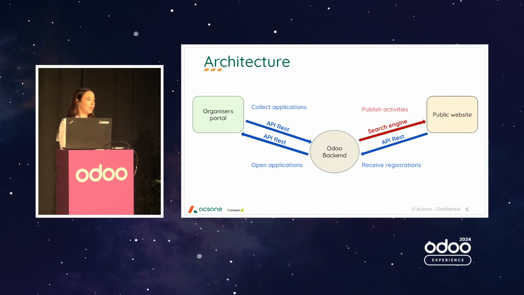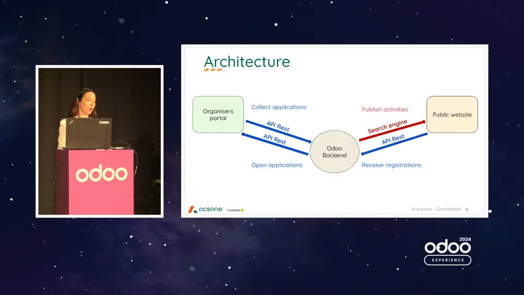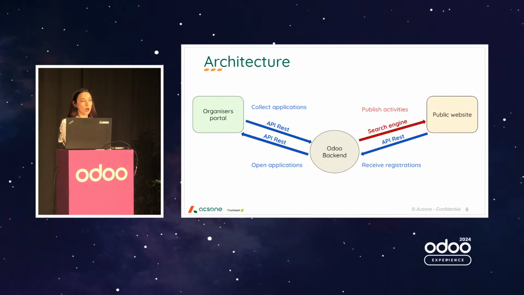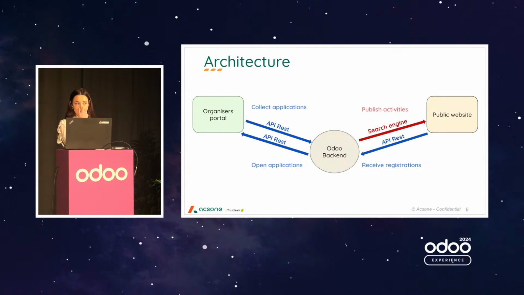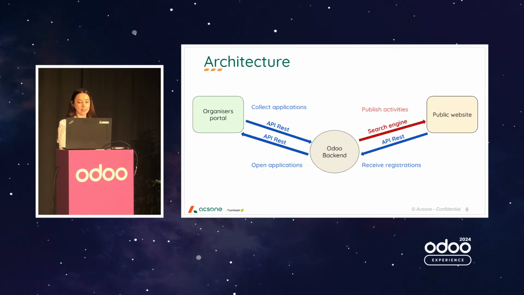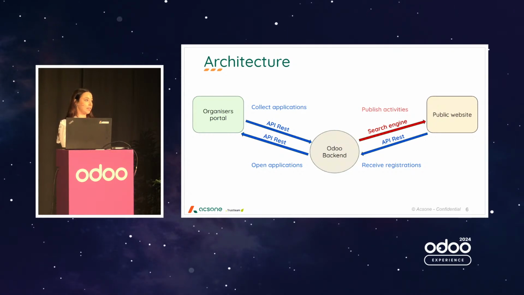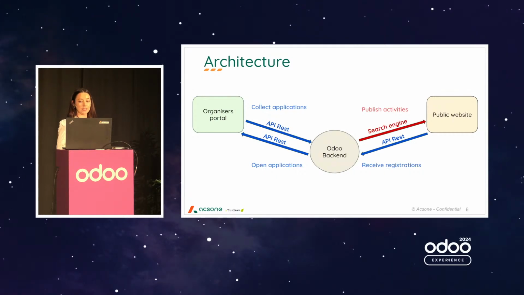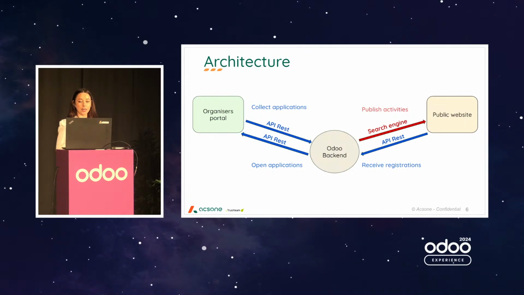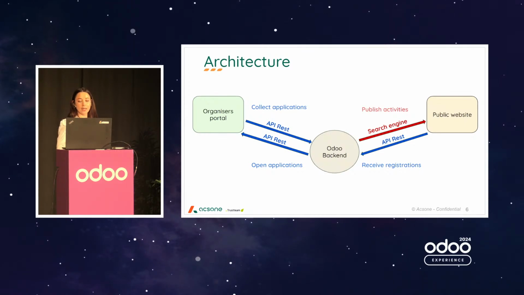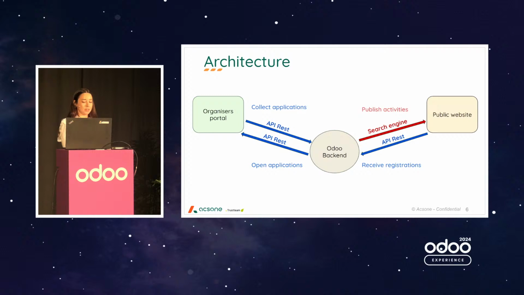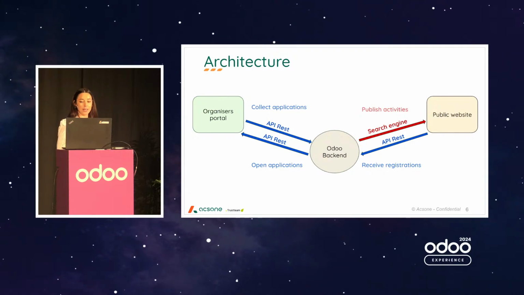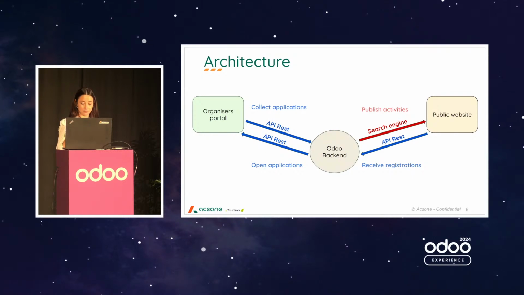Then when it's done, we collect all the applications, also through API REST, back to the Odoo backend, and we analyze them. When it's analyzed and ready to be posted, we publish the activities with a search engine on the public websites. And in some cases, as you understood, we can receive registrations from the public through API REST.